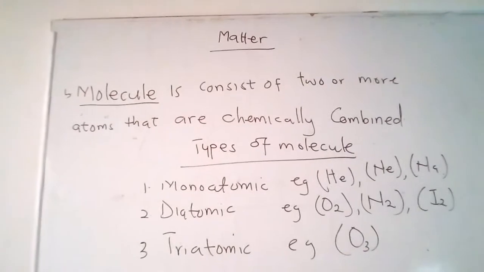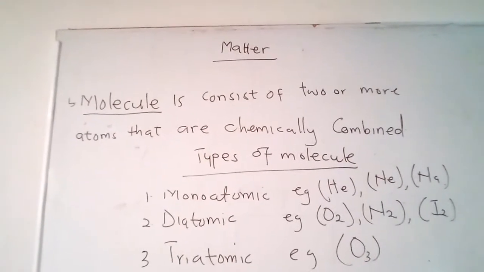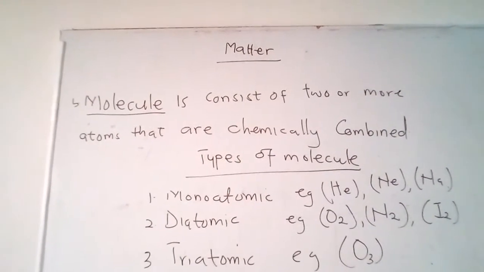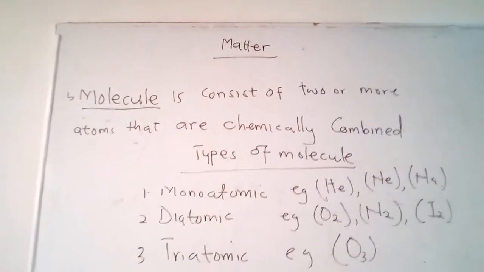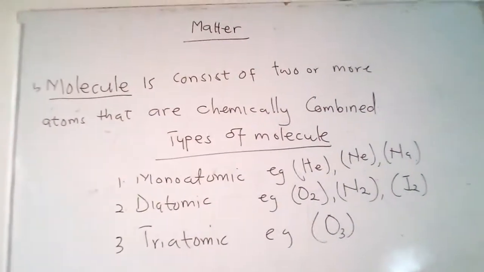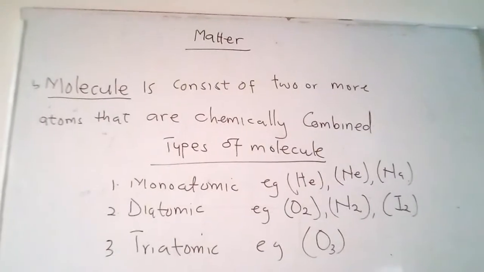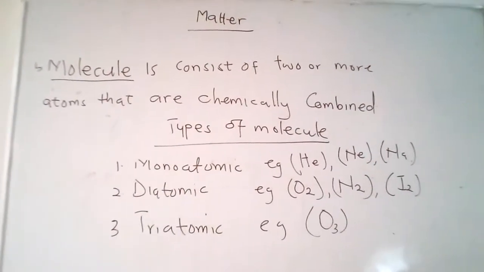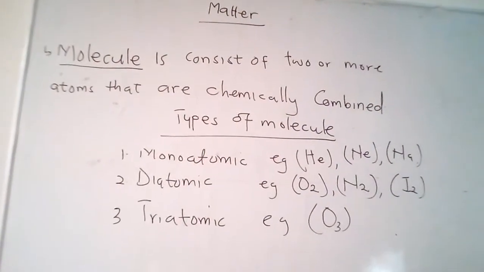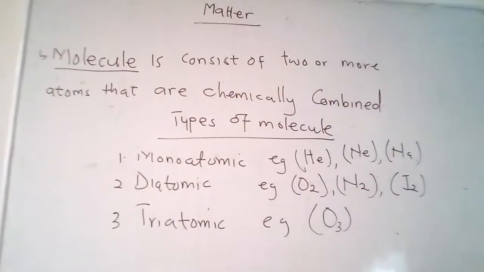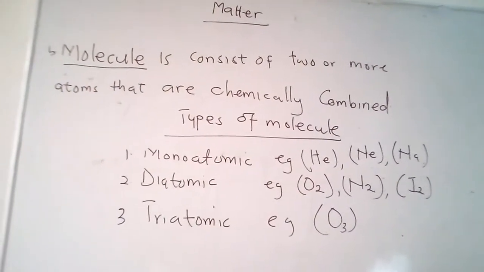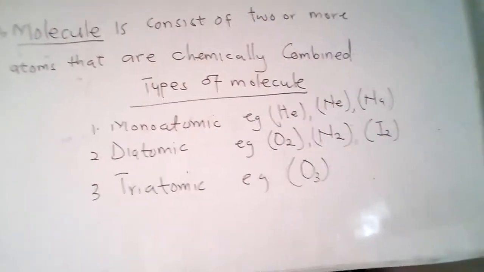For example, a molecule of oxygen gas is O2. Consists of atoms of the same element but what? But a molecule of water, which is H2O, consists of two atoms of hydrogen and one atom of what? Oxygen. So let's look at types of molecules.